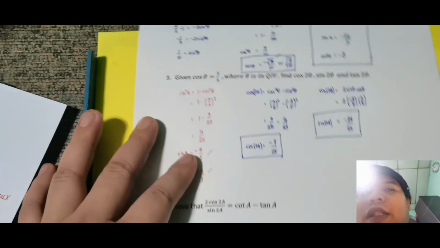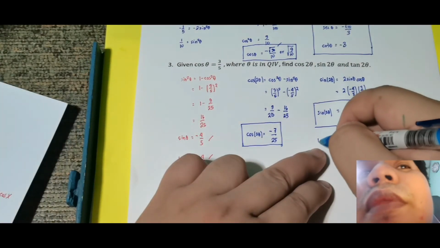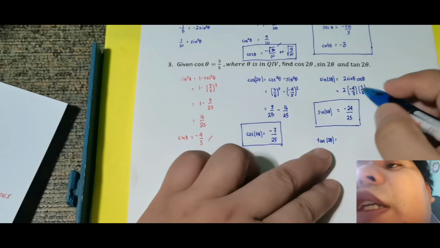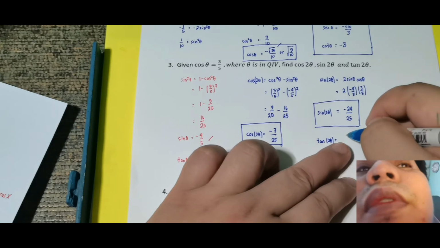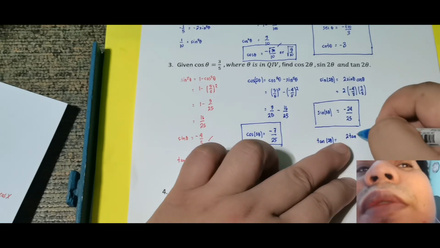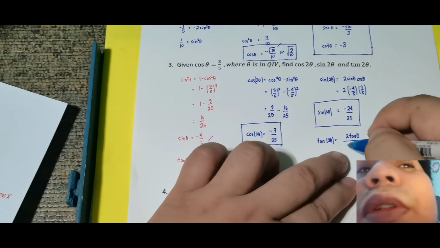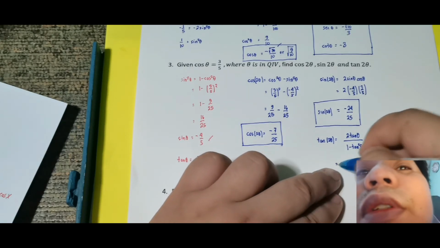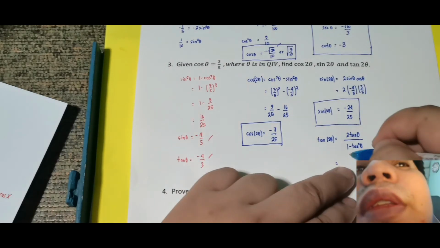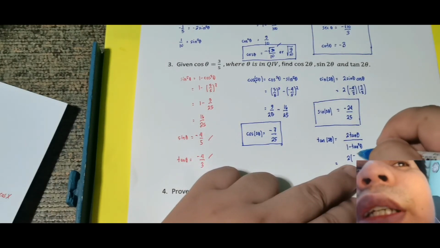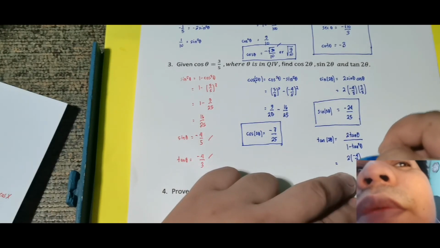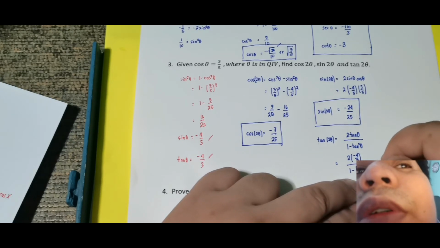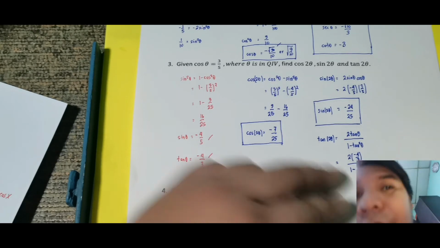Okay, lastly, tangent 2 theta. Applying the double angle identity of tangent, that is 2 tangent theta over 1 minus tangent squared theta. So since nasolve ko yung tangent, this is 2 times negative 4 over 3 over 1 minus negative 4 over 3 squared.